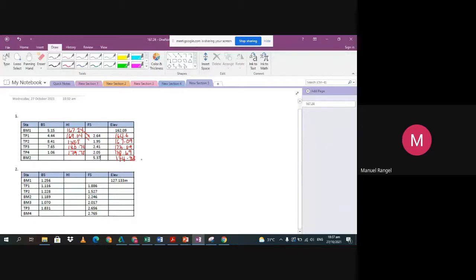Okay, then we will have the arithmetic check. So, summation of BS, para ma-check nato kung tama siya. Ato ang computation: 5.15 plus 4.44 plus 8.41 plus 7.65 plus 1.06, that is 26.71.